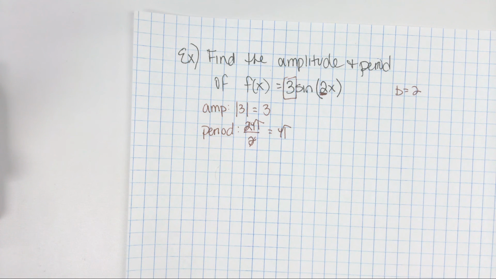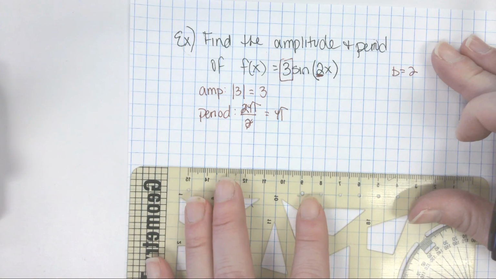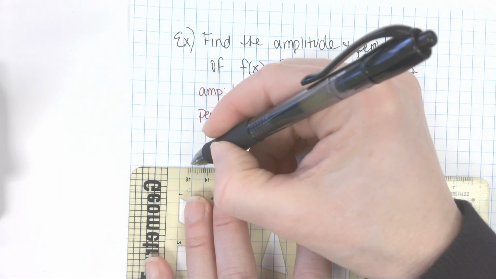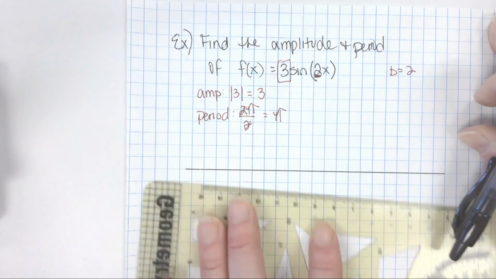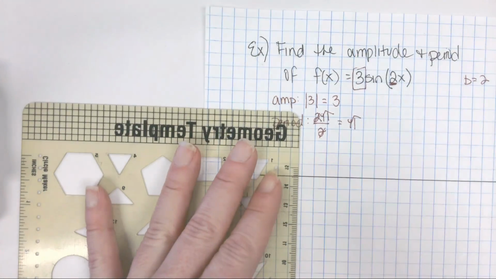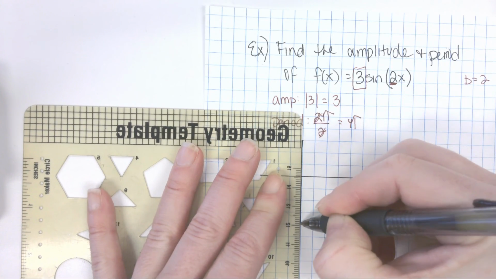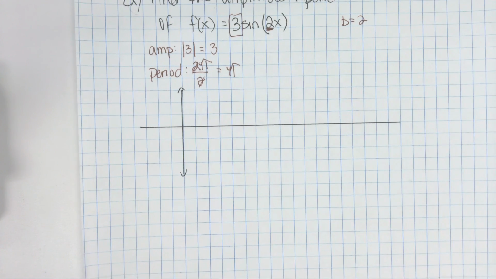Okay. Putting it all together, remember my trick from before. If I asked you to sketch a picture of the graph, I said to put what on the graph? After I did the x and y axes, what was the very first thing I put on my graph? I put 2 pi. Does anybody know why I put 2 pi on there? Because the period of the sine and cosine function is 2 pi.